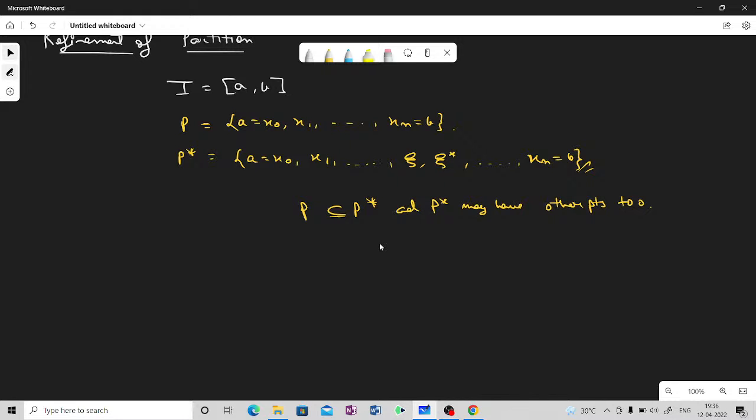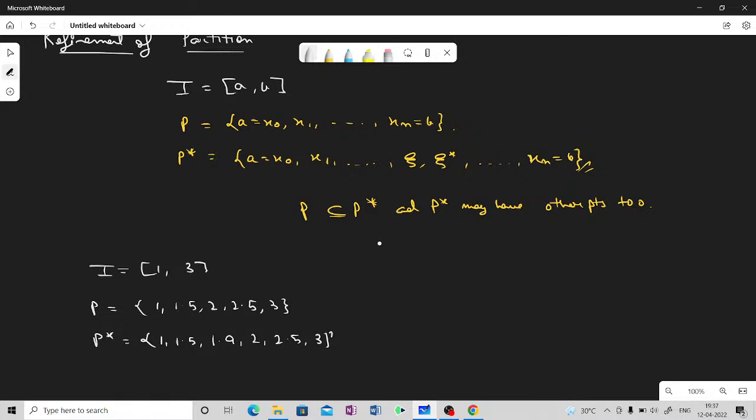For example, suppose you take the interval I as 1 to 3 itself, and you take P as 1, 1.5, 2, 2.5, 3, which we have already taken, and you take another partition P star as 1, 1.5, 1.9, 2, 2.5, 3.